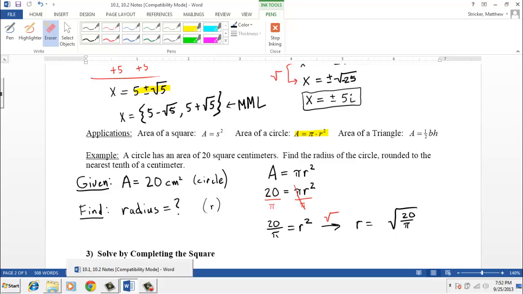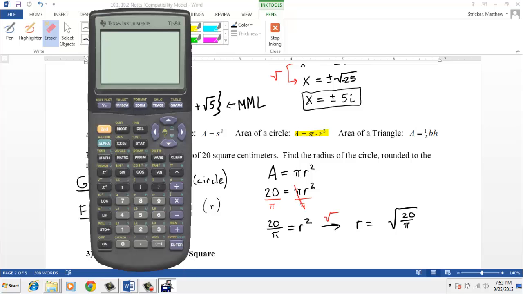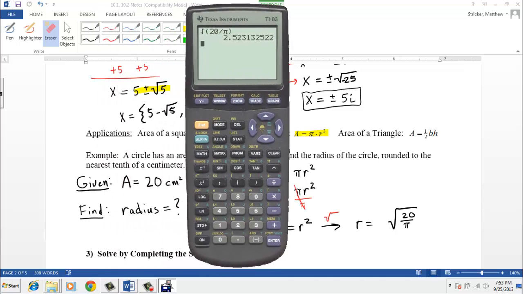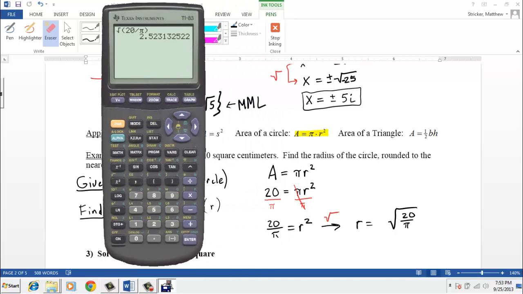Go ahead and pull out your calculator. Okay, so in your calculator, you hit square root. And then inside the parentheses, we'll just take 20 divided by pi, and pi is right underneath the clear button. You have to hit second pi. Close your parentheses and press enter. It says in our directions here, round to the nearest tenth, that's 1 decimal.